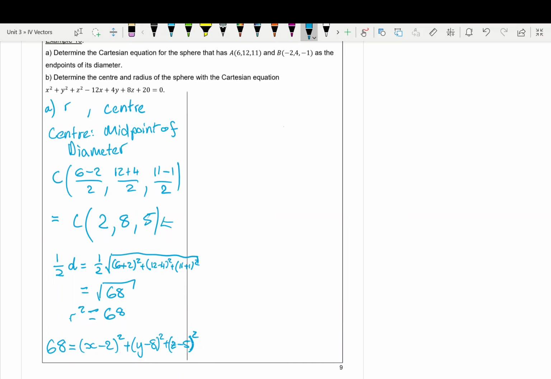Okay, part B is asking us to determine the center and radius of the sphere with the Cartesian equation x squared plus y squared plus z squared minus 12x plus 4y plus 8z plus 20 equals 0. A little bit of a mouthful there. So to start with this, we want to complete the square for each of those components.